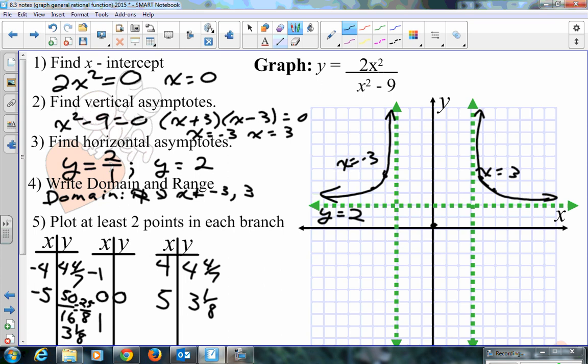And you know, because x is squared on both top and bottom, it's going to be the same value for those. So -1 squared is 1 times 2 is 2 over 1 minus 9, so -8, so it's going to be -1/4, and it'll be that for 1 as well.